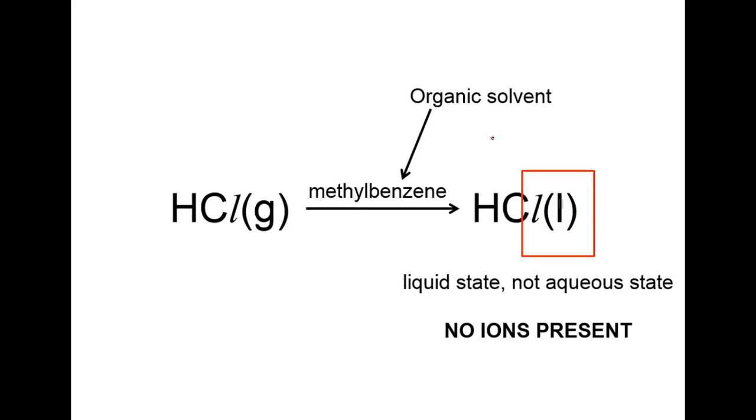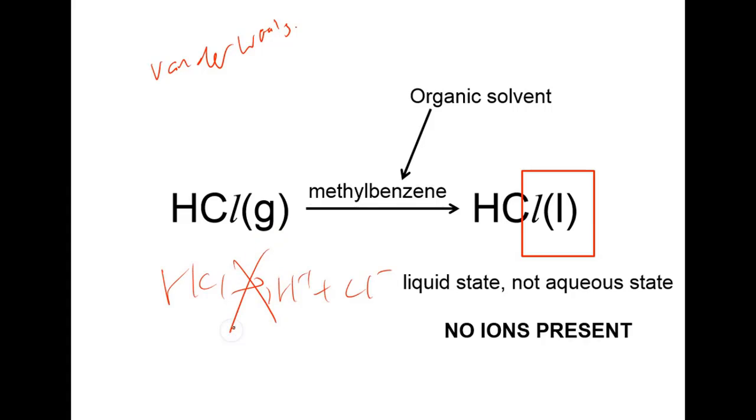How do the organic molecules dissolve HCl? By means of van der Waals forces, if you recall. The weak van der Waals forces bind the HCl molecules and disperse them in solution, which allows the HCl gas to dissolve. But when it dissolves, there's no dissociation happening. So there's no H+. No H+, no acidic properties.